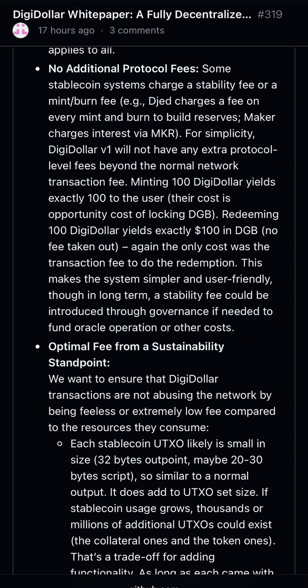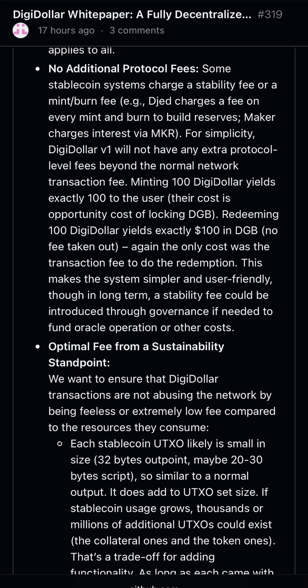Some stablecoin systems charge a stability fee or a mint/burn fee, e.g., Djed charges a fee on every mint and burn to build reserves. Maker charges interest via MKR. For simplicity, DigiDollar V1 will not have any extra protocol-level fees beyond the normal network transaction fee. Minting 100 DigiDollar yields exactly 100 to the user.